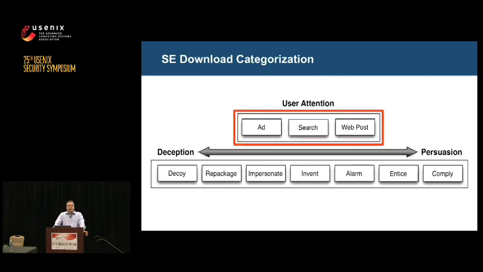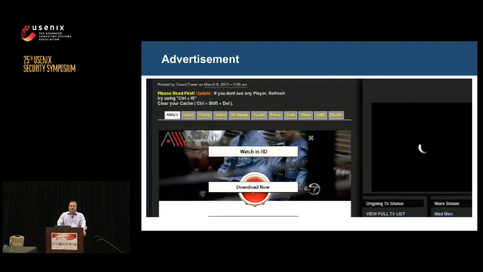I'm going to show some examples and describe the different techniques here, and we'll start with gaining the user's attention. A very common technique used to gain the user's attention is an advertisement. On the screen here is an example of an advertisement used to get the user's attention.